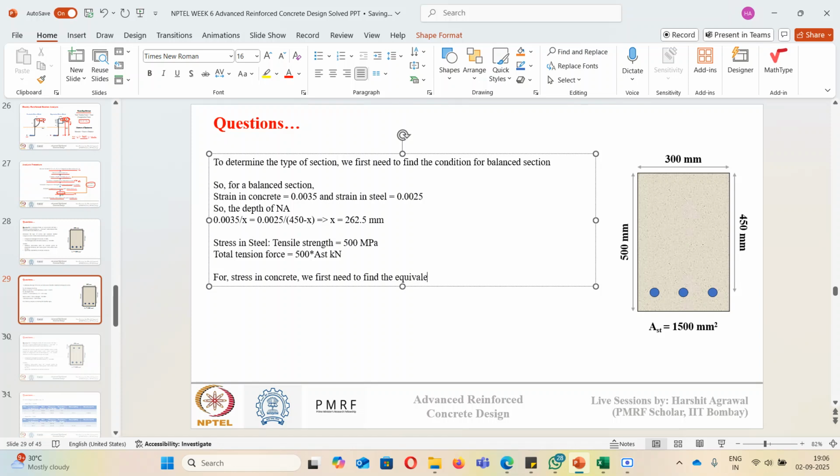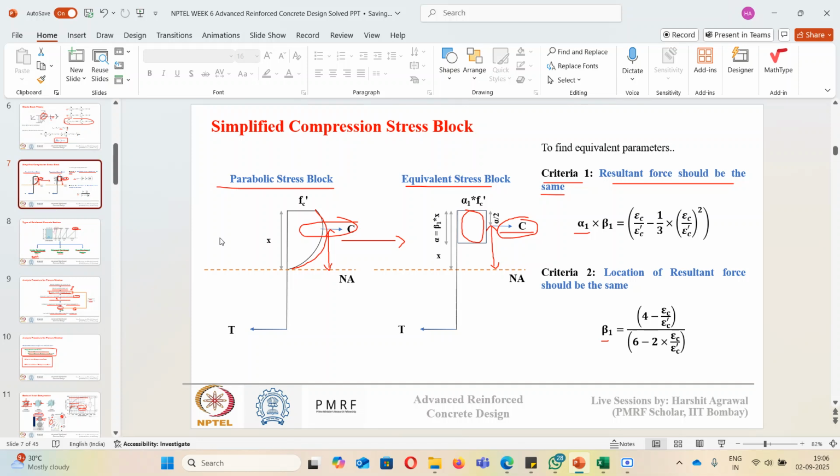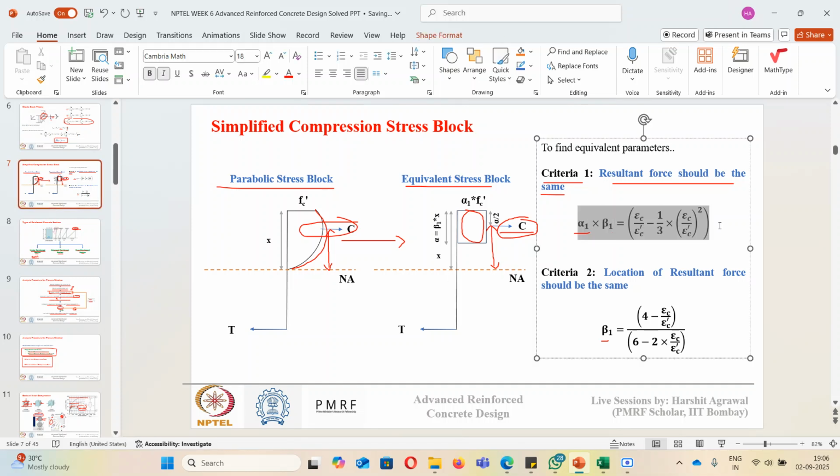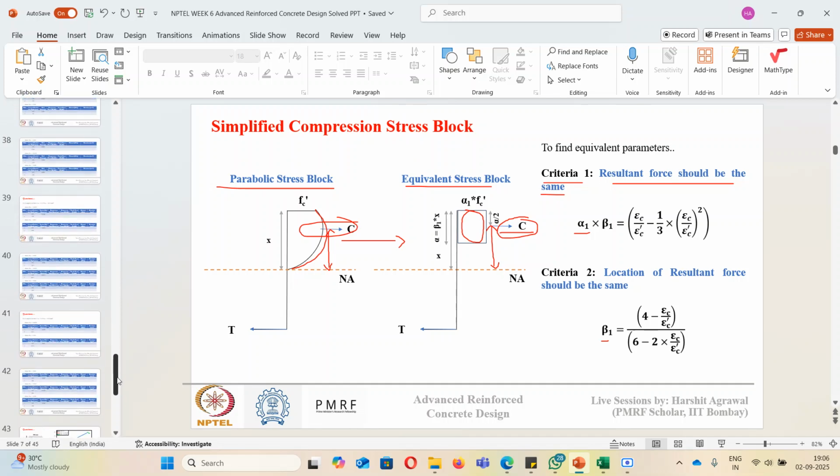We don't know the equivalent stress block parameters right now. So how can we do that? We have the equations. I will just copy the equations from the earlier discussion. We had these two equations. One is alpha 1 times beta 1 is equal to this. I will just paste it here.